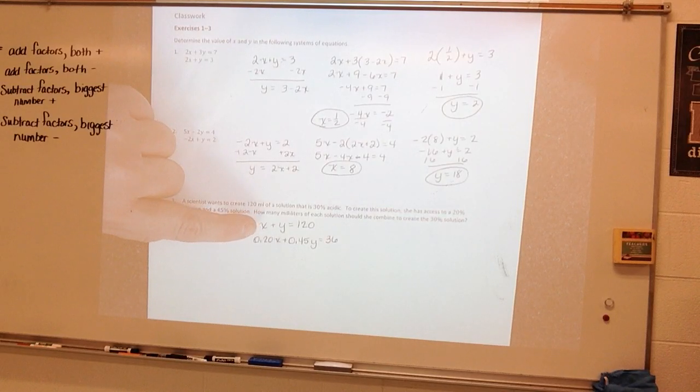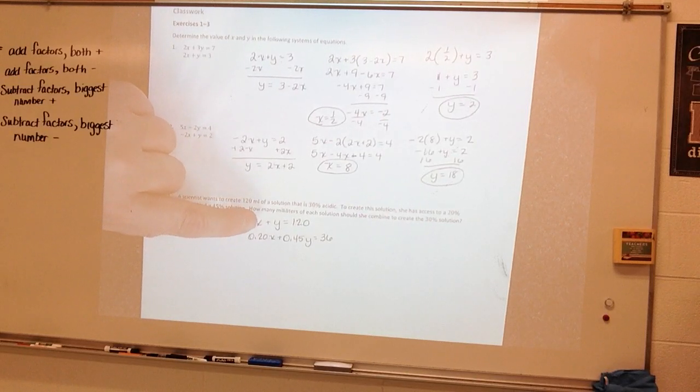So go ahead. What I would suggest you do is you can solve this for y and then plug in. You can solve it for x and then plug in. You can solve the second equation for x or y. It does not matter. There's several different ways that you can go about doing this.